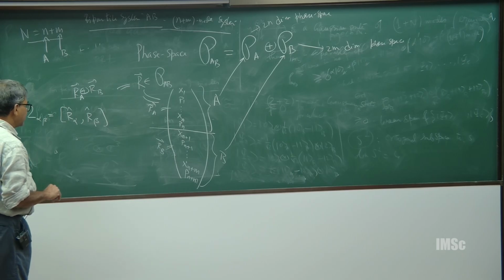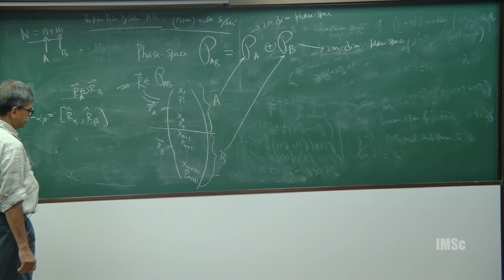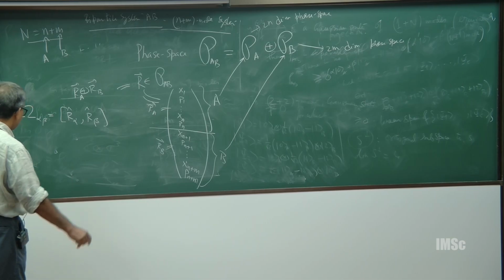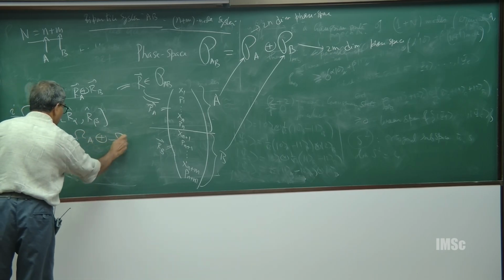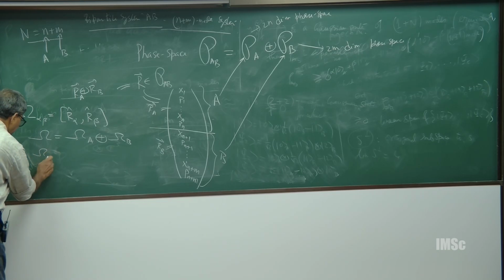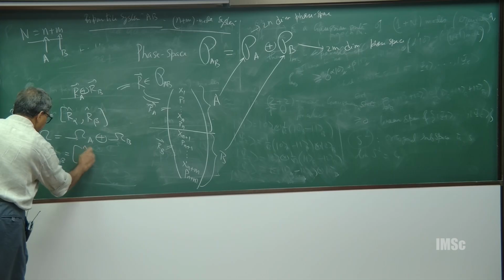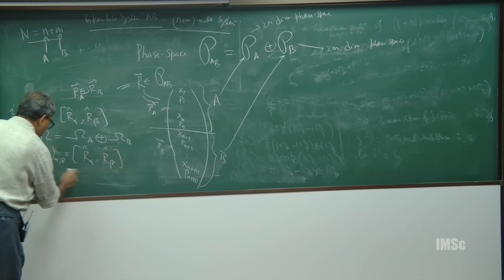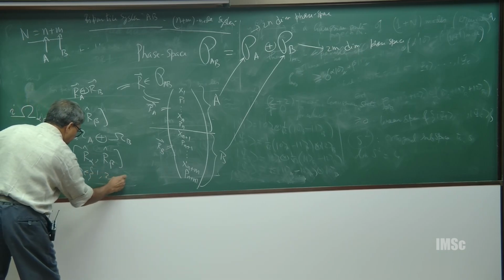So basically what you can see is that I can write this omega as omega A direct sum omega B, and omega A iota alpha beta is R alpha R beta for alpha beta belonging to 1, 2, 3 up to twice n.